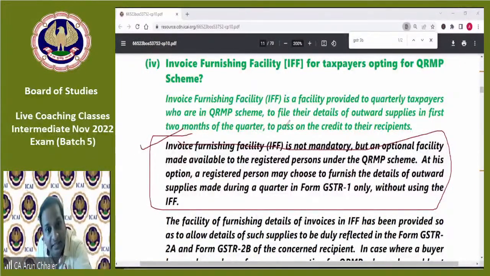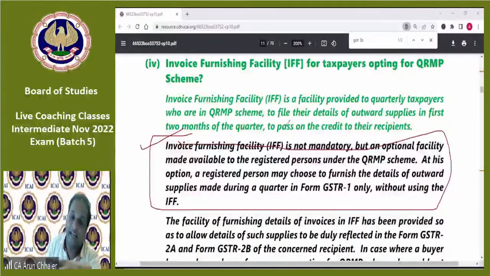Now, when you file the GSTR 3B after the end of the quarter by 22 or 24, you calculate your tax, file the 3B: summarized outward supplies, summarized total ITC, RCM, everything. Then whatever the liability will be there, you can use ITC and you can use cash. And after offsetting, means whatever the liability is there you have paid the same, then only you can submit the GSTR 3B.